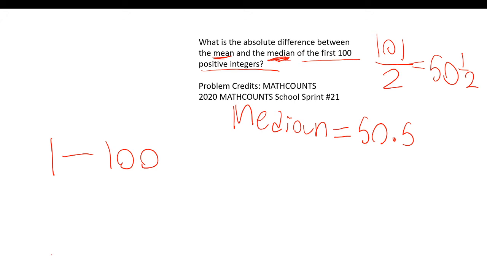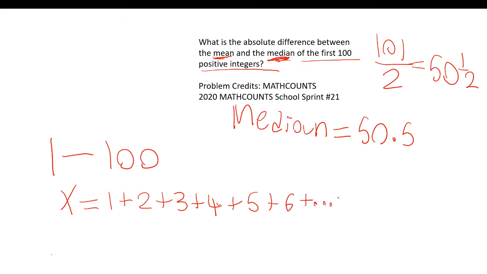Now, we always like setting things to expressions. This is a great example of an arithmetic series, but let's set x equal to 1 plus 2 plus 3 plus 4 plus 5 plus 6, and this goes all the way until we reach 100.